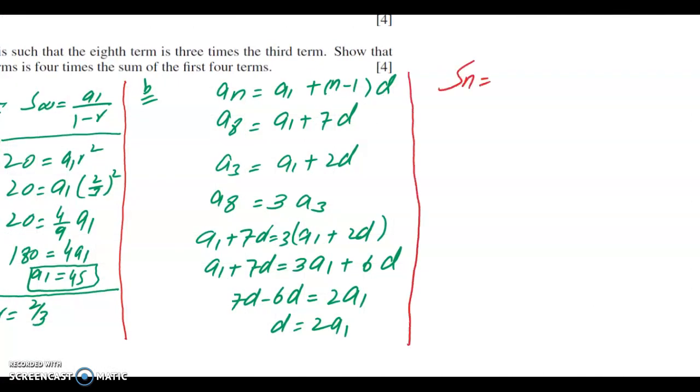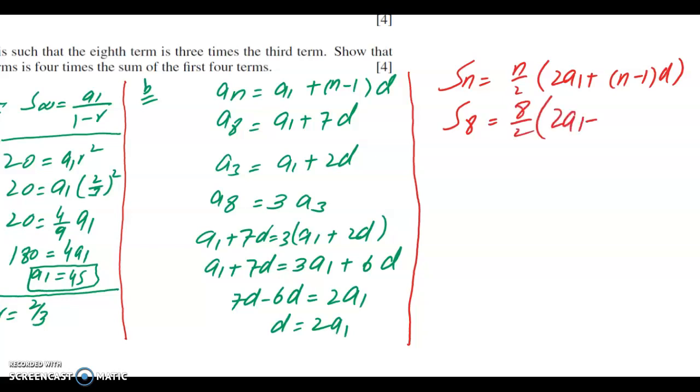The sum formula is Sn equal to n by 2 times 2a1 plus n minus 1 times the difference. So for the sum of the first 8 terms, S8 is 8 by 2 times 2a1 plus 8 minus 1 times the difference, and the difference is 2a1.